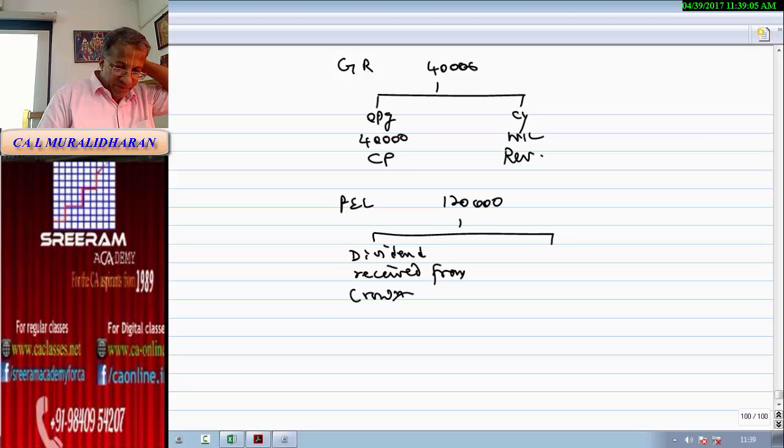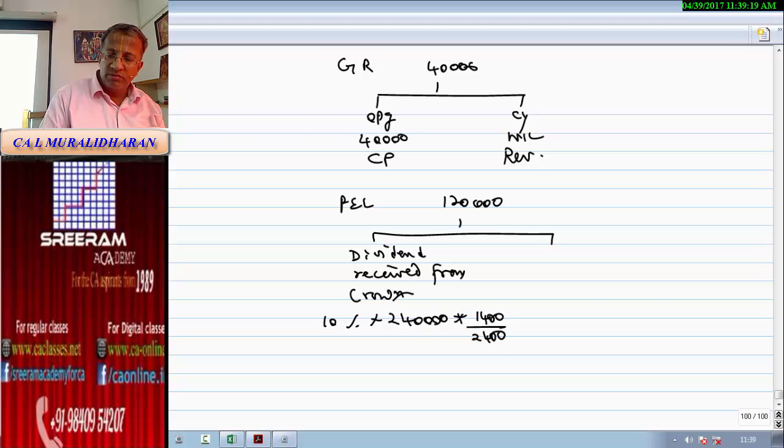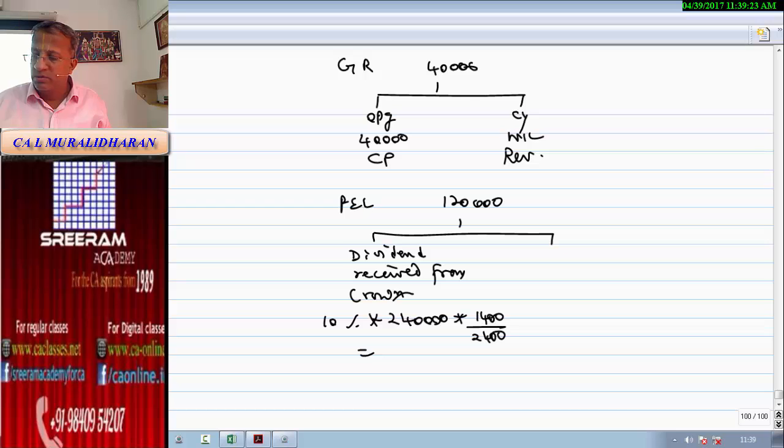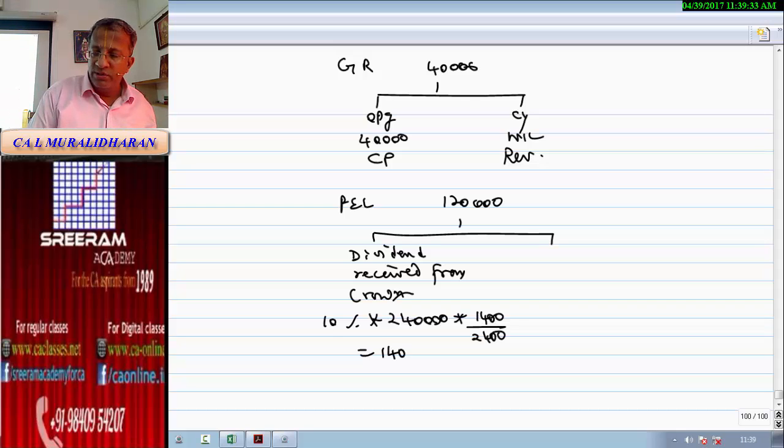How much is that? 10% into 2,40,000 into 1,400 upon 2,400. So 0.1 into 2,40,000 into 14 divided by 24. That comes to 14,000. This 14,000 we will take up first half and second half.